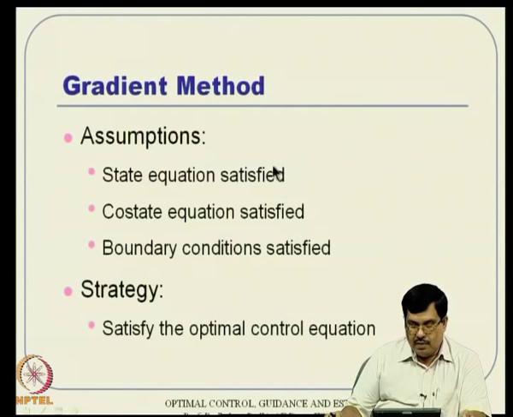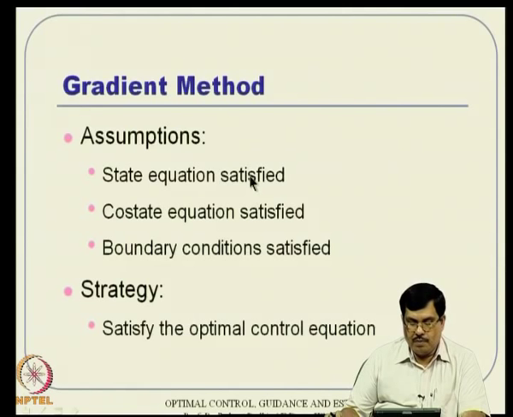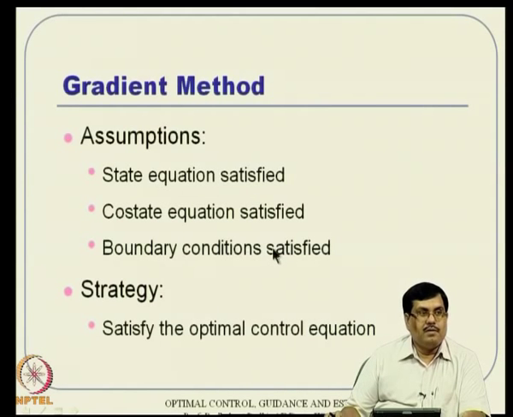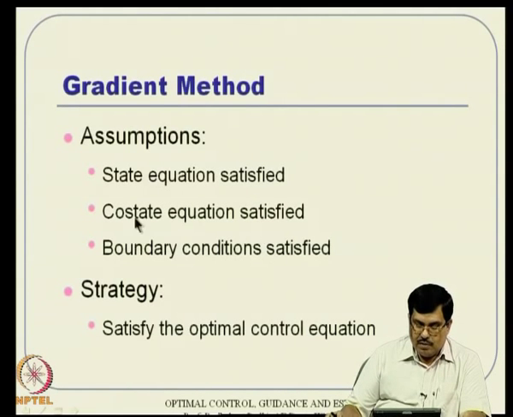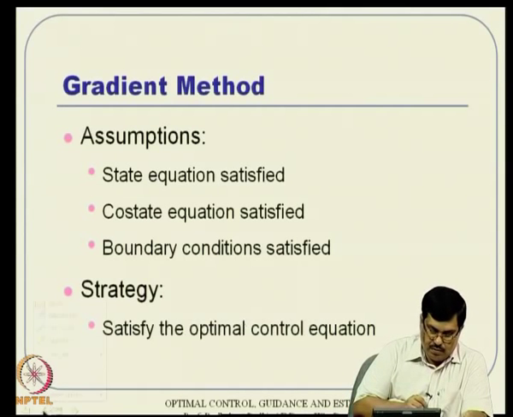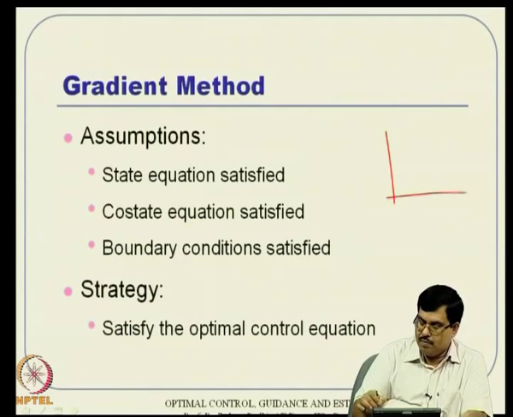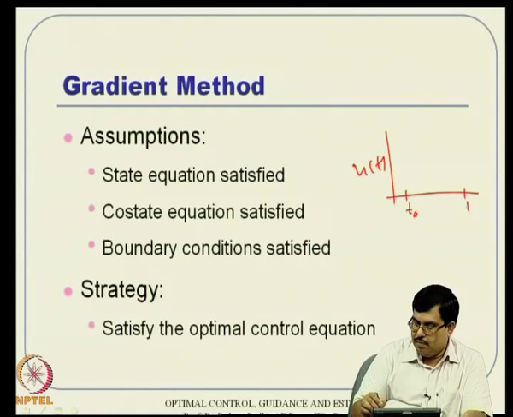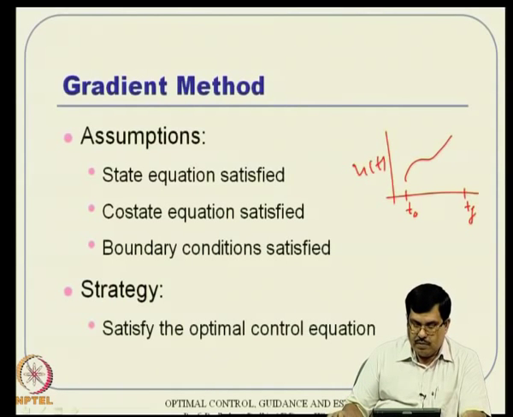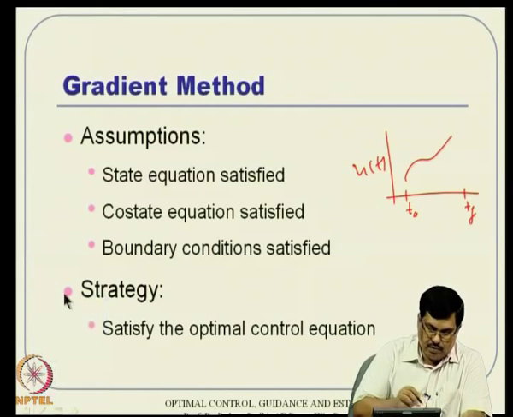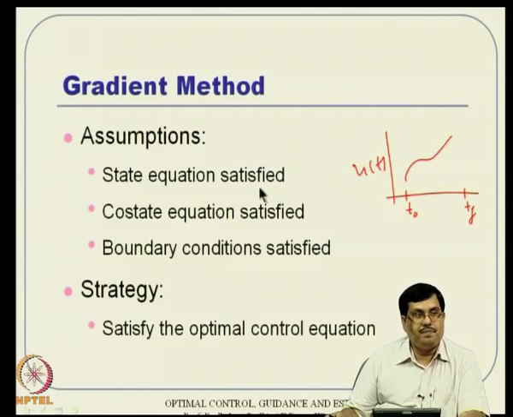And because these are assumptions, you are much better off starting with a guess value which satisfies these equations anyway. If you start with some sort of a control history, from T0 to Tf, and then you integrate the state equation using this control history, obviously the state equation is satisfied.